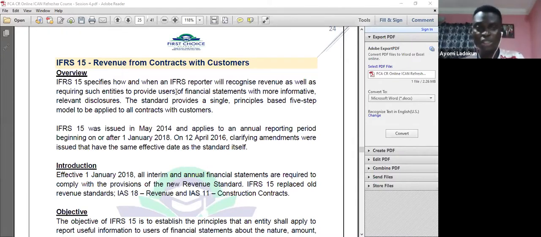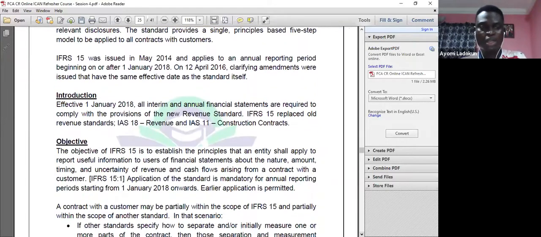In your notes, revenue IFRS 15 is a very big standard, but I've tried to summarize it so that you can easily consume it. And in case the examiner is asking you to make some explanation around that, then you know what to do.